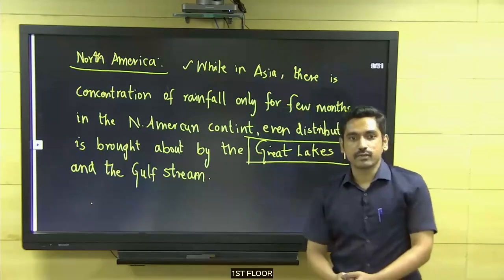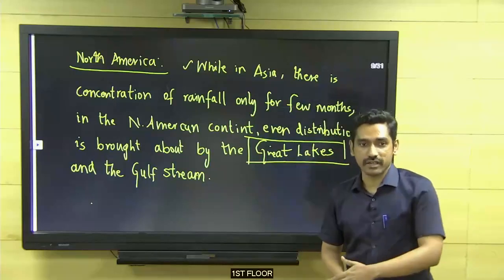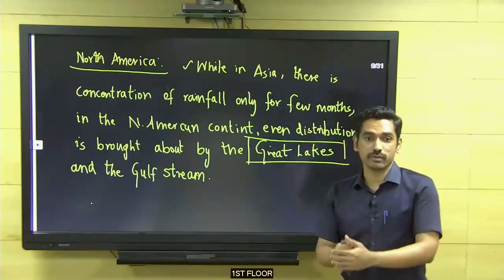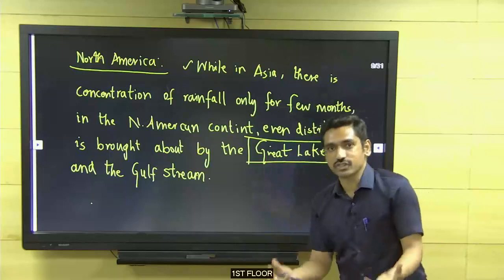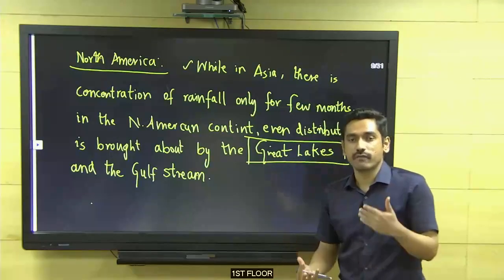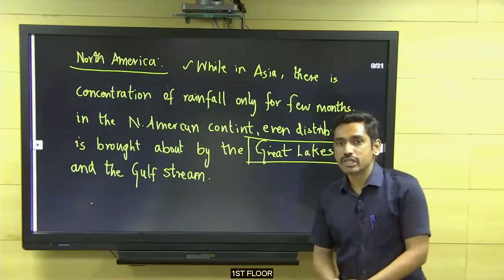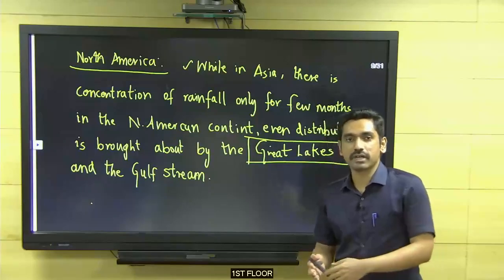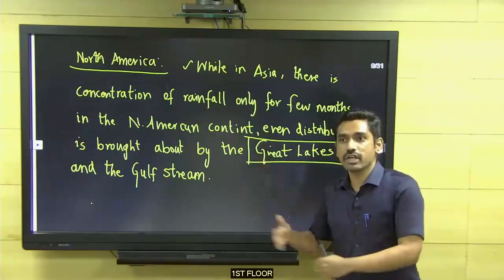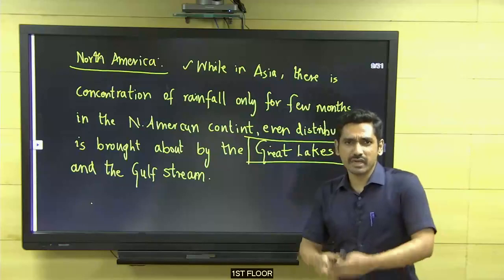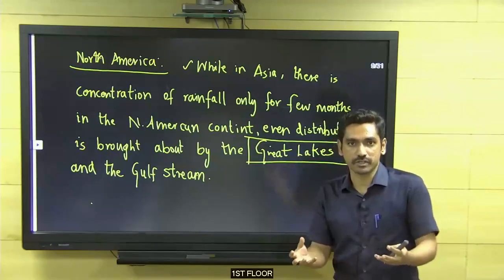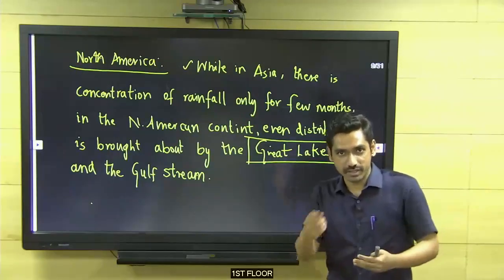So what does the Great Lakes do? Well, the Great Lakes help in moderation, because you're talking about five large-scale freshwater bodies which have the potential to moderate the climate. During your summer season, compared to your Asian continent, you will not be in a position to develop very high temperatures and a uniform low pressure, because lakes meddle with the pressure system.